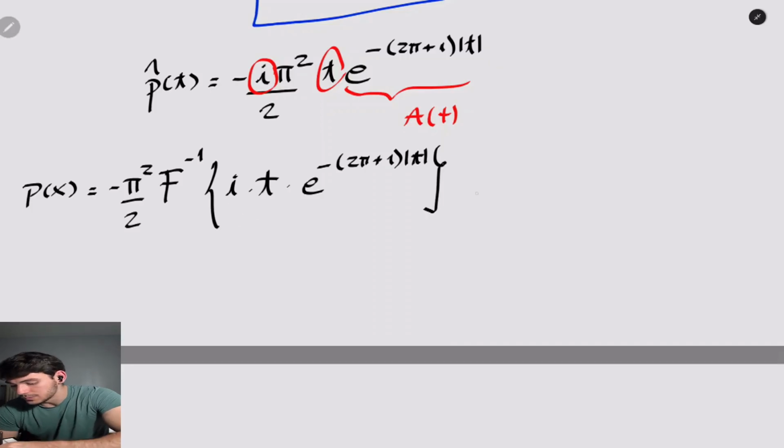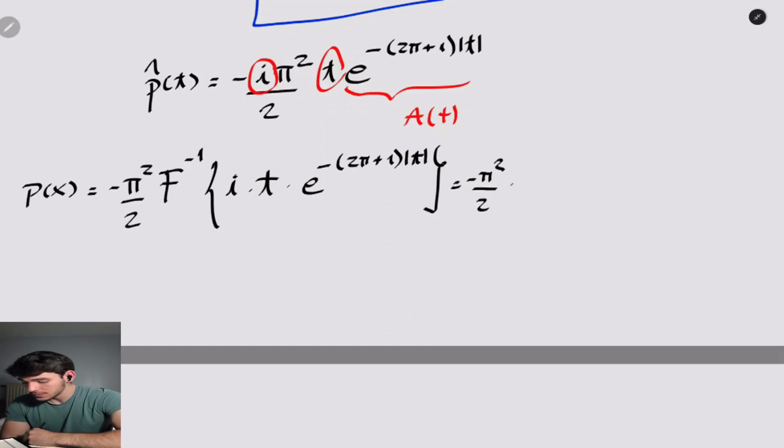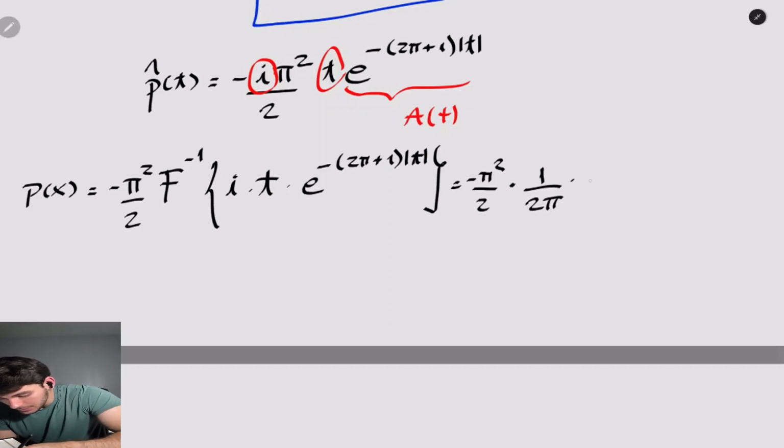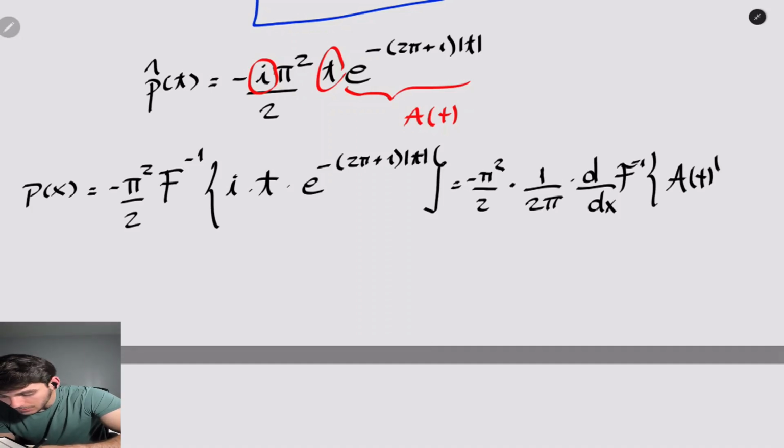And well, the i, the t, and the a hats are identified. So now we can use the formula that the question gave us. So minus pi squared divided by 2 remains since it is a constant. And now we need to multiply it by 1 divided by 2 pi. The question gave that. And then we need to derivate in x the inverse transformation of a hat. Well, a hat is this, okay?